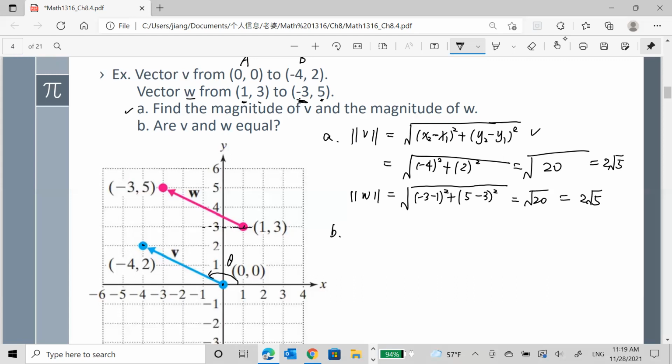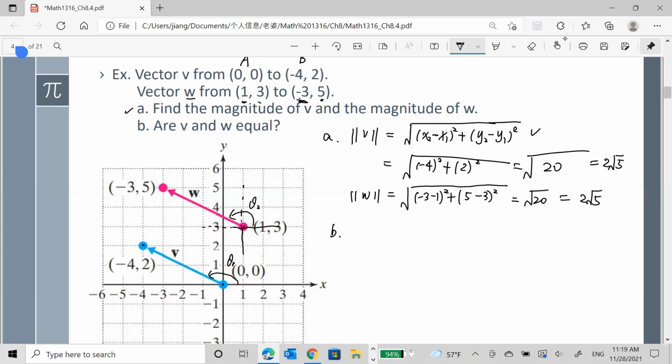And then we draw the vertical line and horizontal line here. This one we can say is theta 2, this is theta 1. If theta 2 and theta 1 have the same value, that means these two vectors are the same. So how to find theta 1 and theta 2?